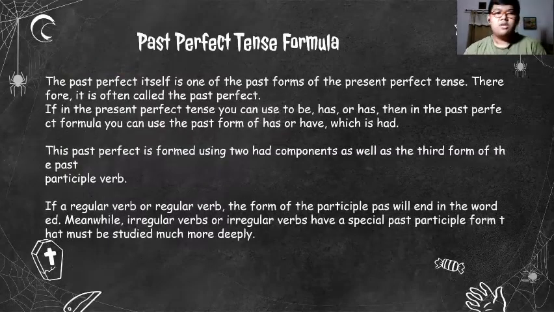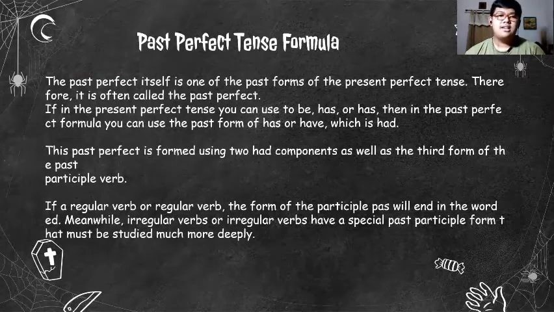Past perfect tense formula. The past perfect itself is one of the past forms of the present perfect tense. Therefore, it is often called the past perfect. If in the present perfect tense you use has or have, then in the past perfect formula you use the past form of has or have, which is had. This past perfect is formed using two components, had as well as the third form, the past participle verb.